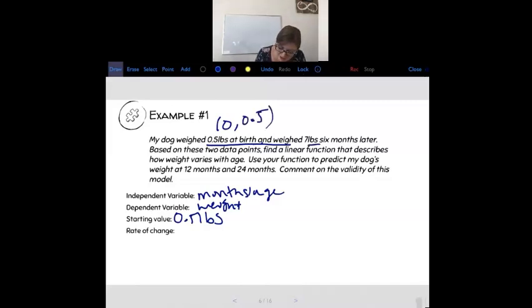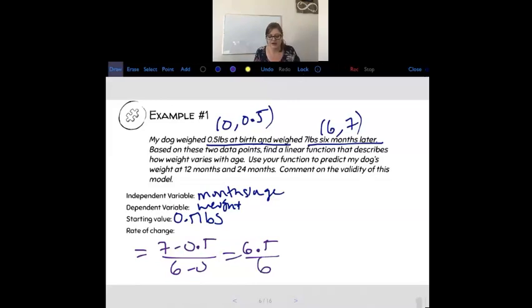And then 7 pounds 6 months later, 6 months later is our x or our independent variable, comma 7. And so to find the rate of change, you can think of it as change in dependent variable divided by change in independent variable. So our rate of change here would be 7 minus 0.5 over 6 minus 0, which would give us 6.5 over 6.